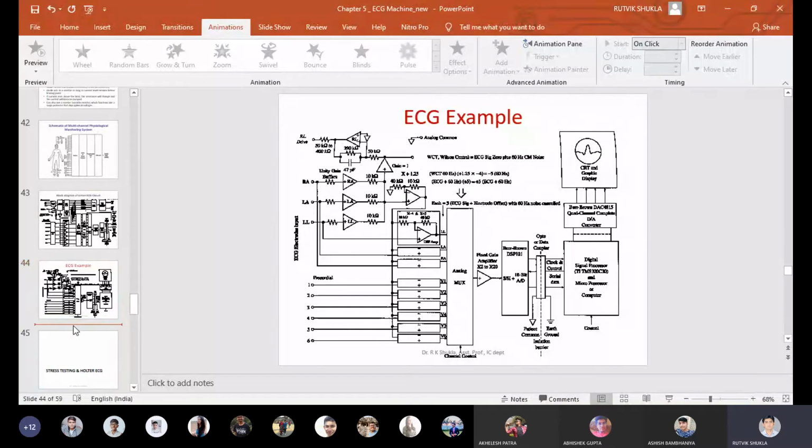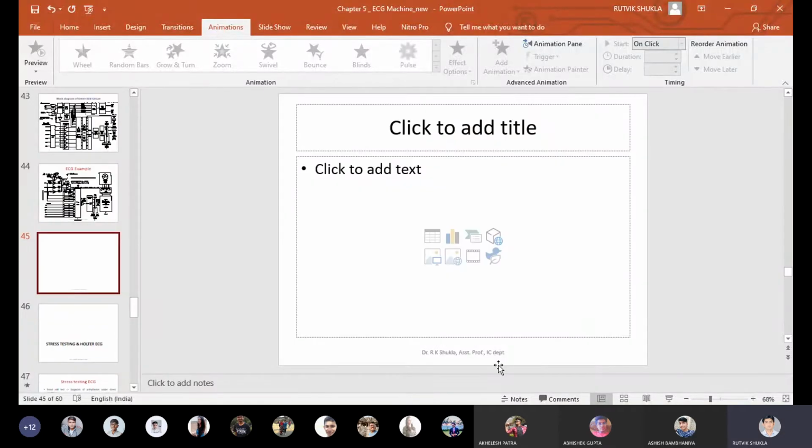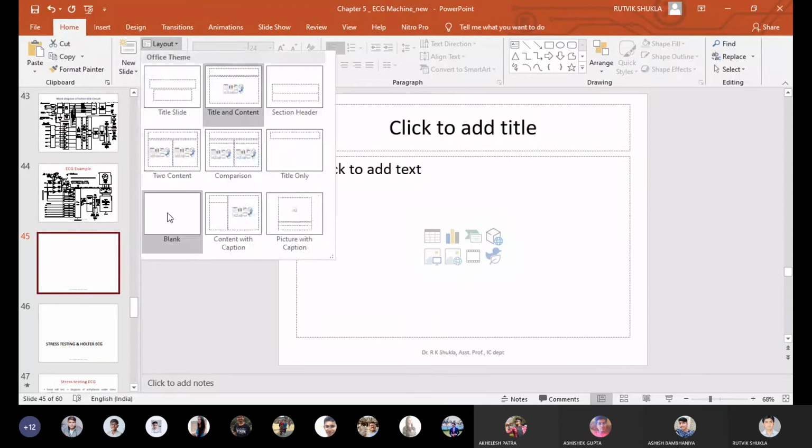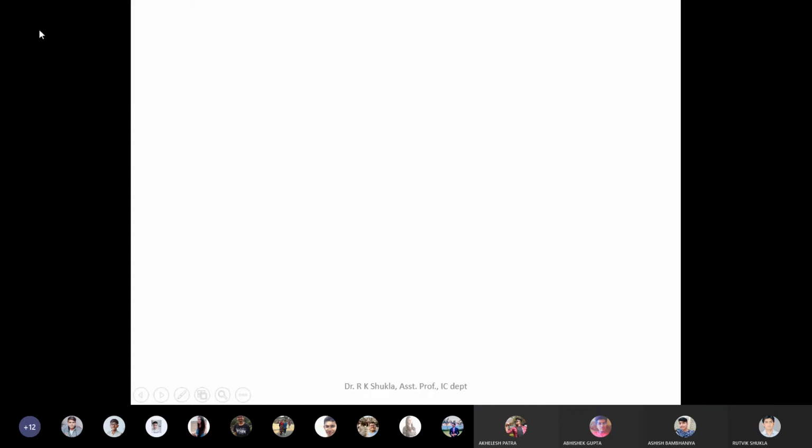I'll give you one example for understanding this. Okay, suppose I am having an analog filter. You all have seen analog filters.